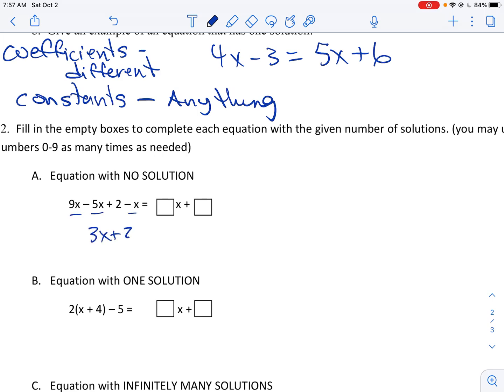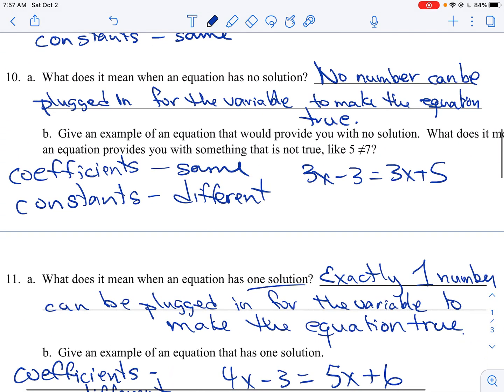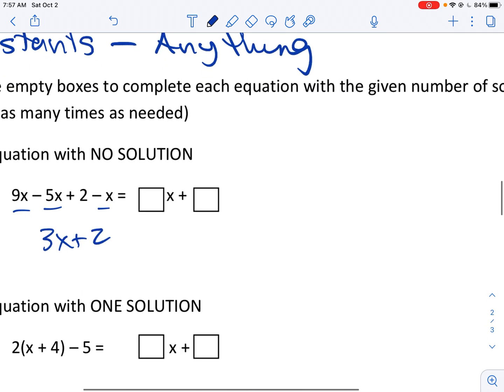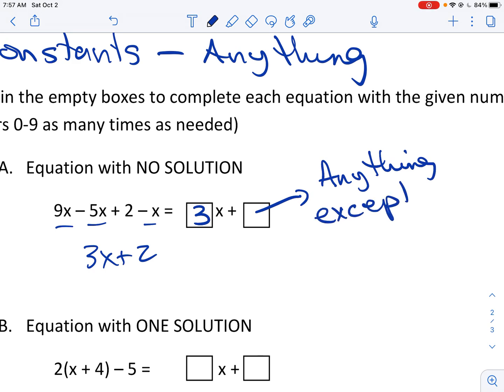So this would get me 3x plus 2. So for no solution, the coefficients are the same and the constants are different. So the coefficient has to be 3, and this can be anything except 2 for it to be no solution.